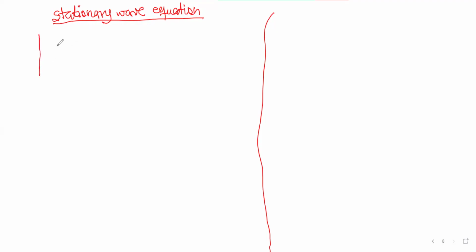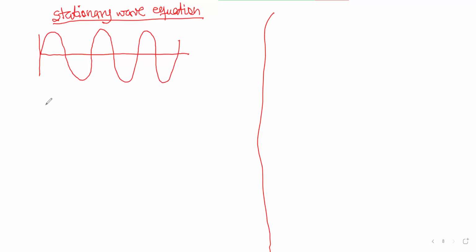So a progressive wave traveling from left to right has this: y is equal to A sine, because it's moving from left to right or moving away from the main point, we have omega t minus kx.